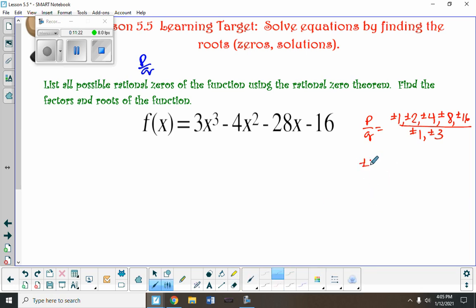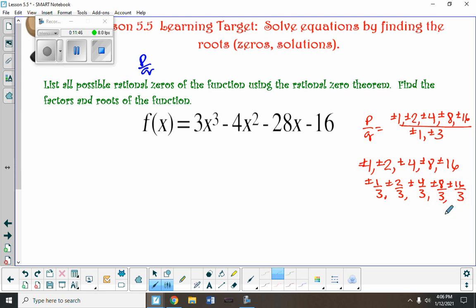So we would have 1, plus or minus 2, plus or minus 4, plus or minus 8, plus or minus 16, plus or minus 1/3, plus or minus 2/3, plus or minus 4/3, plus or minus 8/3, and plus or minus 16/3.